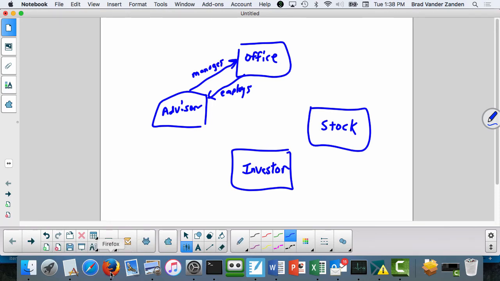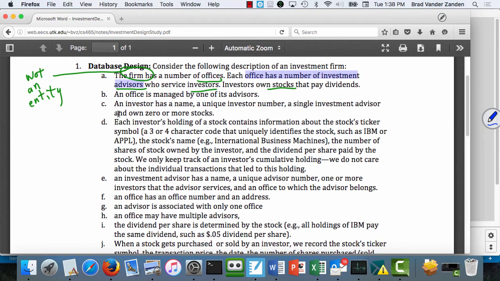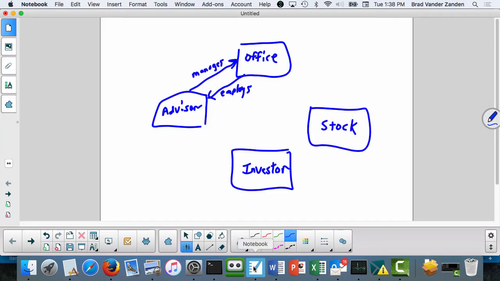We know that from 3, an investor owns 0 or more stocks. So we can say an investor owns, and in fact, we also can do the participation rate pretty easily. Owns 0 to many stocks, so it gave us the multiplicity for us. So 0 to many.